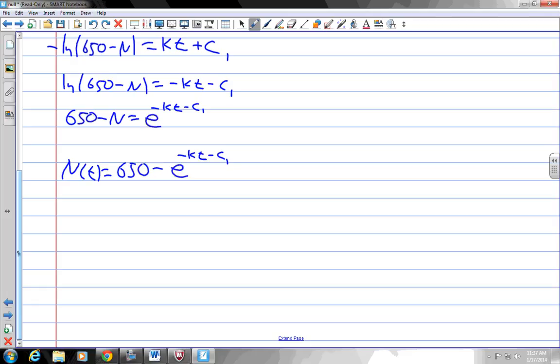Now I can do this, and I should. This is 650 minus e to the negative kt times e to the negative c1, right? So this is just some other constant. Let that be c. So I can say n of t equals 650 minus c e to the negative kt.